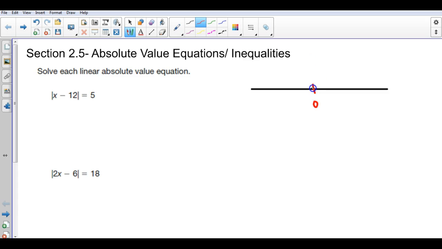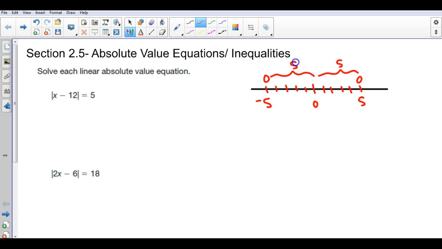If you went 5 miles to the right, you would be at 5. Well, what if you went 5 miles to the left? Would you tell somebody that you drove -5 miles or you walked -5 miles? That wouldn't make sense. You've walked another 5 miles, but what that means is that this point here and this point here are both the same distance away from zero. Both of these numbers are 5 units away from zero.